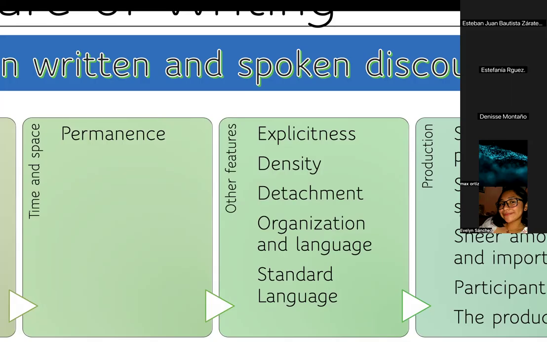For instance, if you are writing an email to your friend, of course you need to follow an order: the greeting, the main content of the message, and the ending. You are not going to start with the main purpose of the message and then say, hey, hello. So it is also an organized text.